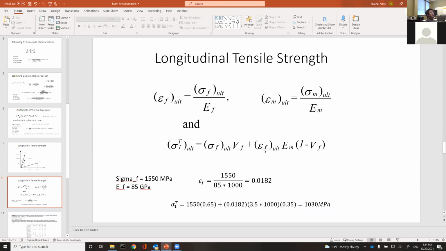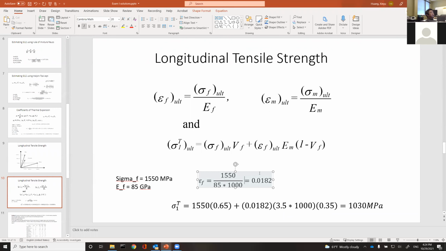And the epsilon F has no units, so 0.0182, which we calculated from here. And the volume fraction, no units. So everything should be megapascal. Once we get everything in, the number turns out to be 1030 megapascal. This is the strength in the one direction, the strong direction of this lamina.